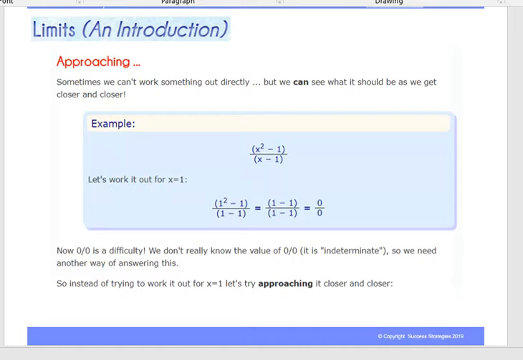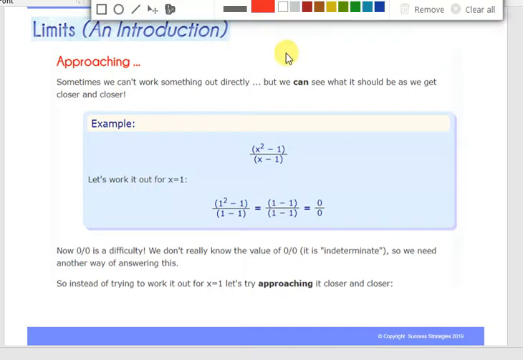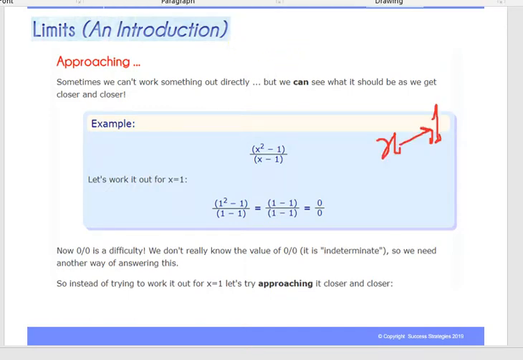Limits, an introduction. In the literal sense, limit means approaching something. Whenever we use the term limit x tends to 1, or limit x arrow 1, this literally means that the value of x is tending towards 1, the value of x is approaching 1.